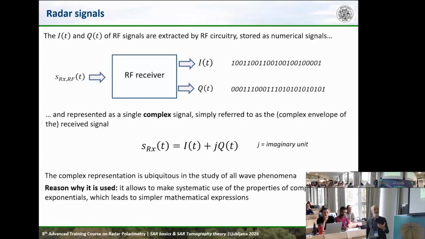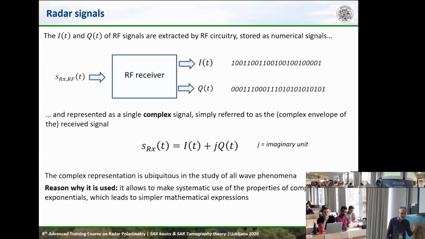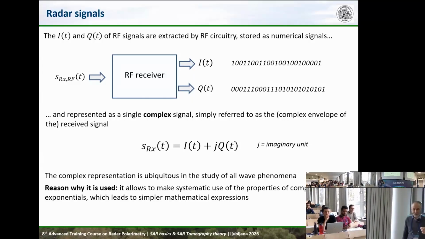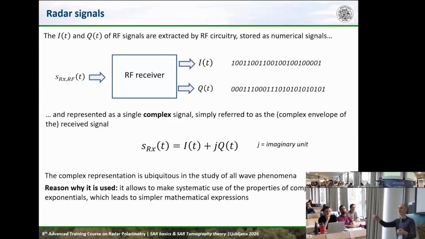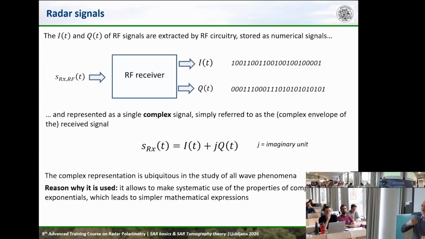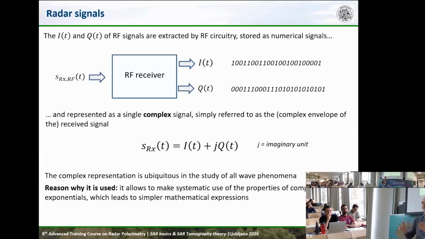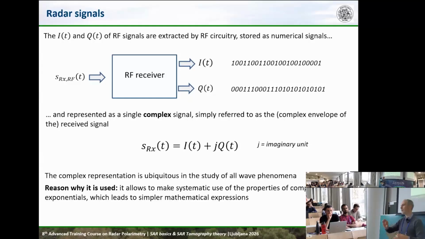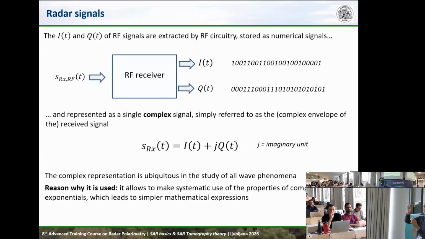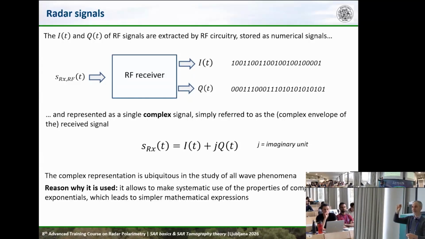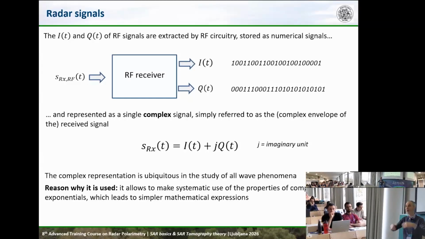There is nothing intrinsically better in using complex numbers, except that all the trigonometric formulas become much easier, because they are converted into the formulas of complex exponentials. When you multiply two exponentials, you simply sum the arguments. When you multiply two sinusoids, you don't. So it's much more difficult.